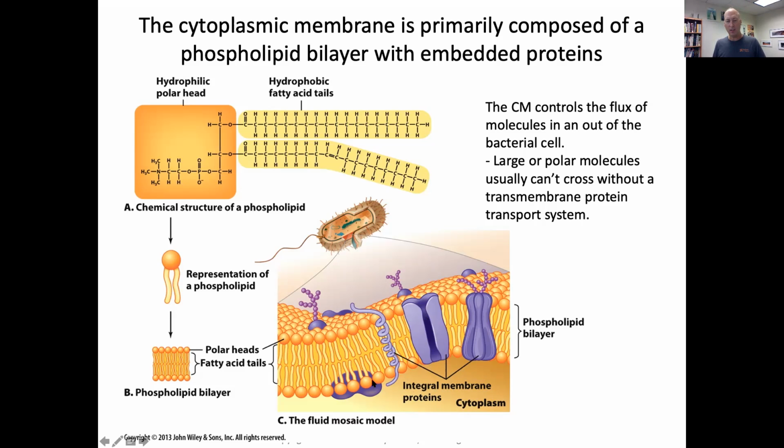Water can diffuse across, but hydrogen ions, for example, protons cannot easily go across. And larger molecules like sugars or amino acids or certainly proteins can't easily diffuse across this unless there's special transport systems allowing that.